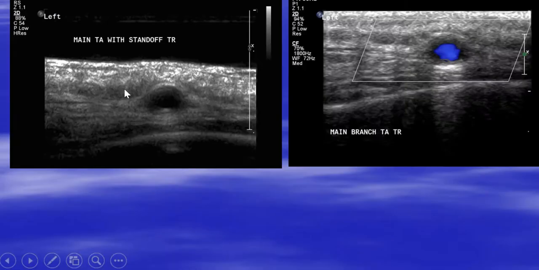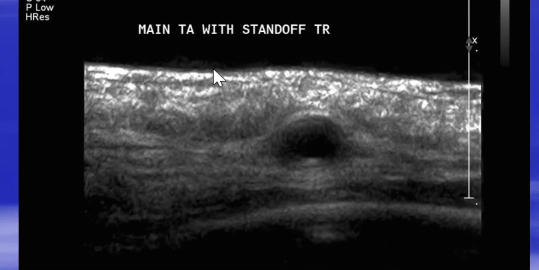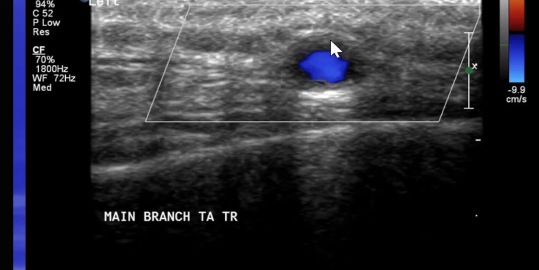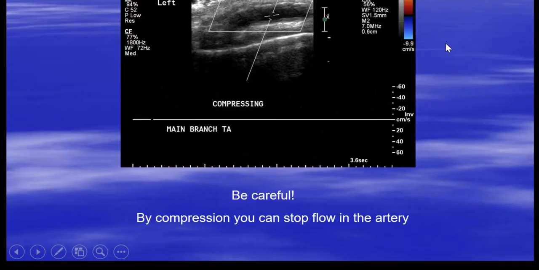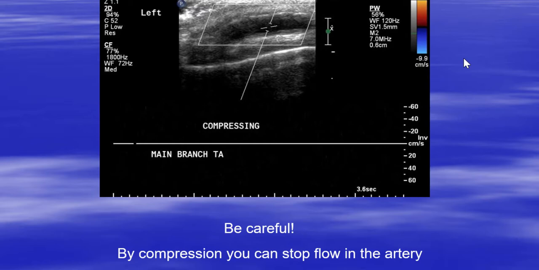Just another couple of examples. Here's our main temporal artery with a standoff, nice hypoechoic donut around it. Using the colour Doppler again, see the hypoechoic wall around the outside. A little bit of a trick with this as well that I found out when I first started doing them was I made the flow go away quite a lot by compressing too hard.